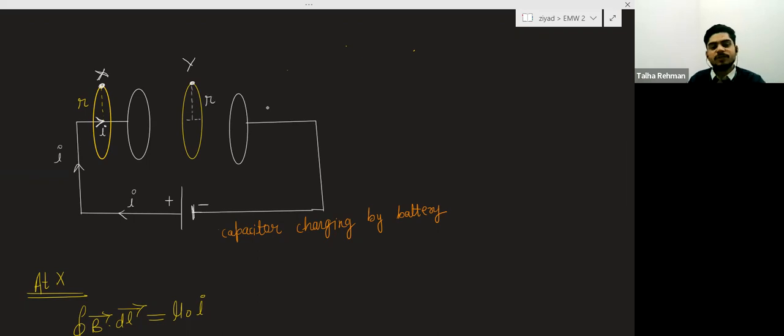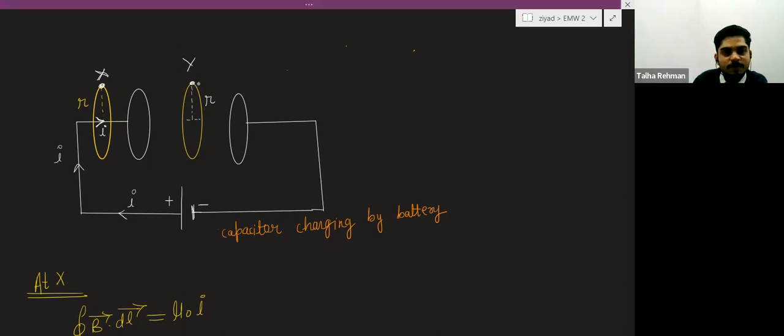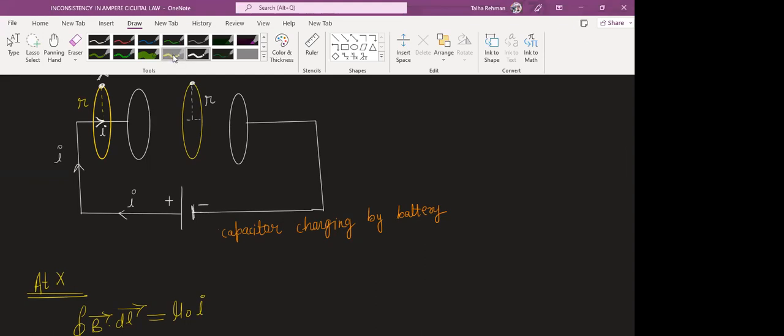Now I want to find the magnetic field at point Y, with the help of Ampere circuital law.